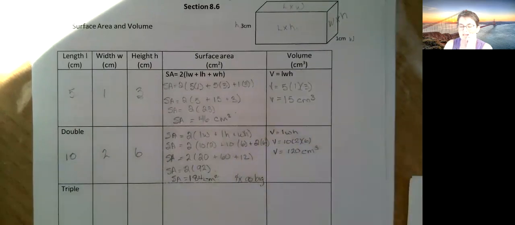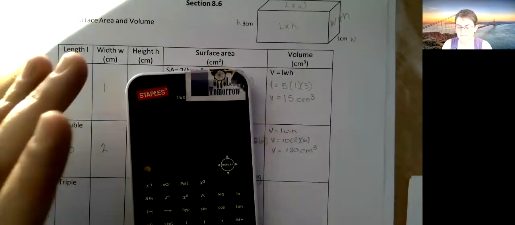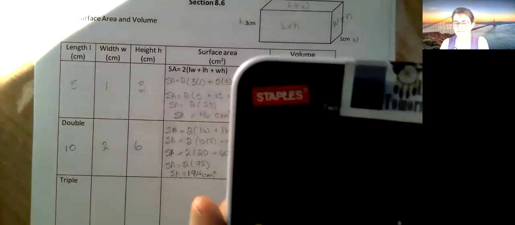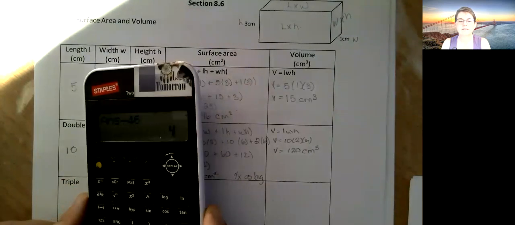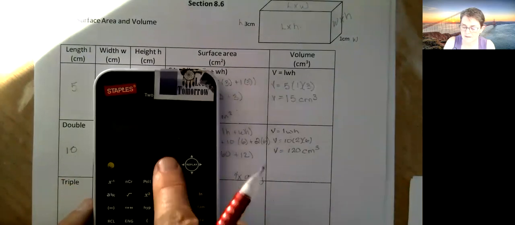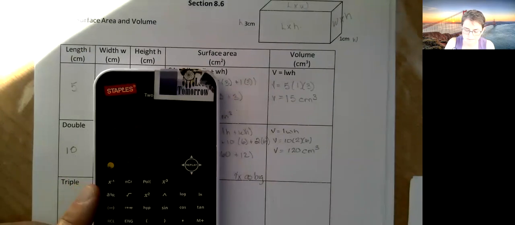I don't know what that relation is. Where can I put my calculator so you guys can see? Okay, so I'm going to go 120 divided by 15, and we get 8.